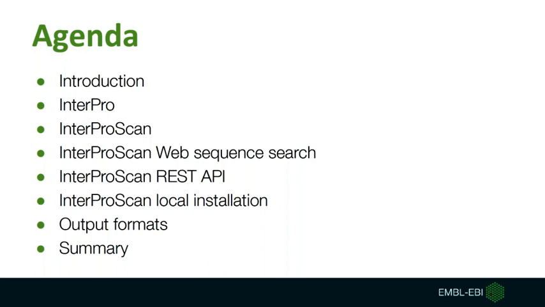And finally, I will look at having a local installation that you can use on your computer to do sequence search. I'll also go through some of the outputs in the different output formats that we provide, and there are some differences, and you might be interested to know what those are.